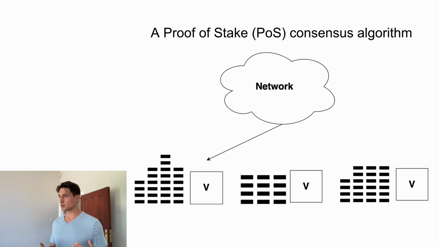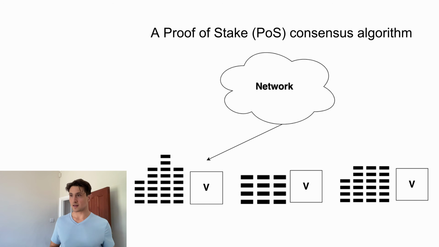So now let's take a look at proof of stake and see how that's different. So proof of stake is considered to be more environmentally friendly, because instead of miners competing with each other, the network will select a single validator and reward them with the next block. Now, they'll pick the validator based on the amount of tokens that they are staking, which means that they are rewarding the rich.